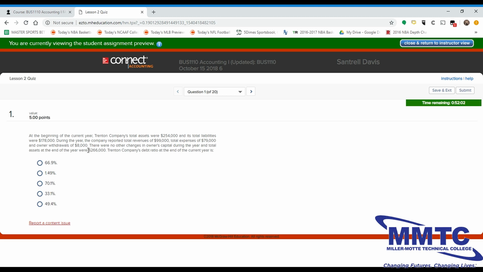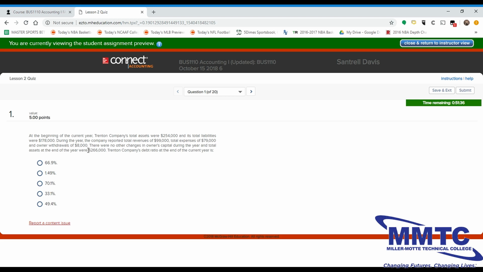You know, beginning equity, what I was asking for. So what is beginning equity? What's 250 minus 178? This is what we messed up at. 72. Yeah. So 72K is our beginning equity.